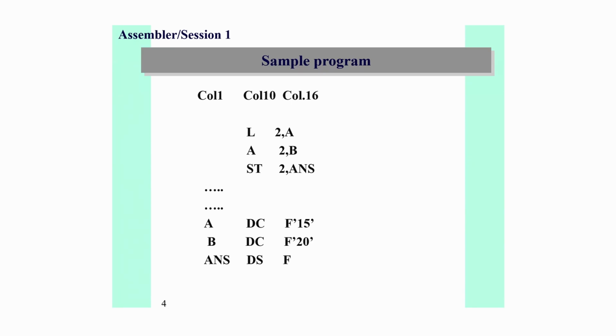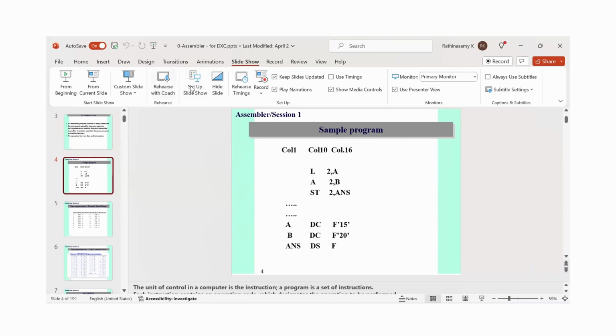The assembler will take that base register and convert this operand A into base register and displacement. Each of these instructions takes certain bytes of object code. For example, this load instruction will take 4 bytes of object code.